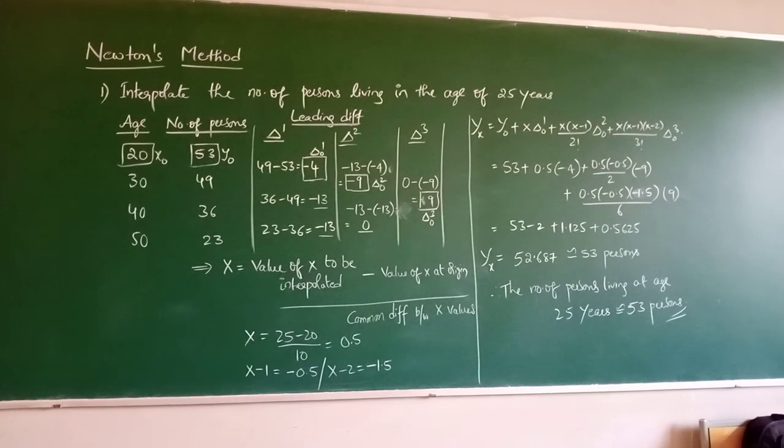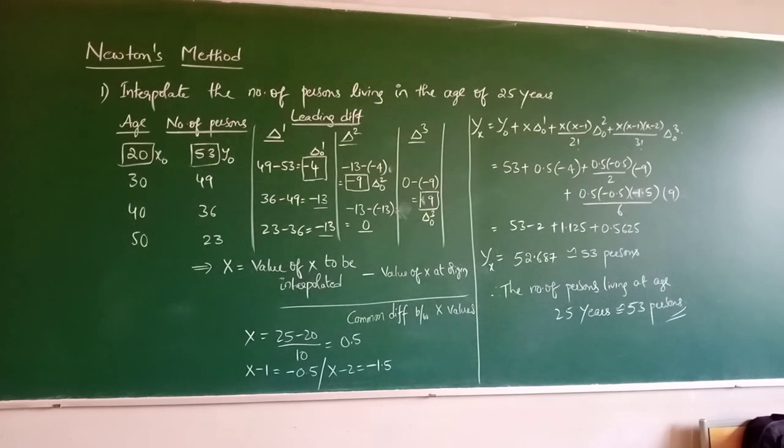What do you have to calculate? 25. 25 comes in between 20 and 30, right? And then the number of persons we have to interpolate. As you all know, interpolate means estimating within the range the values of dependent variable y for an independent variable x, not going beyond xn. So in between we have to estimate it.